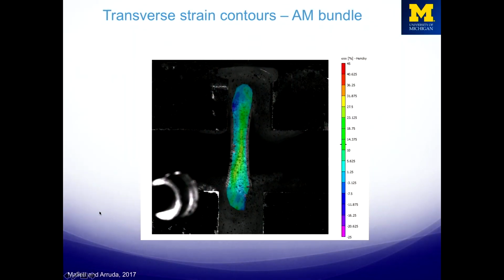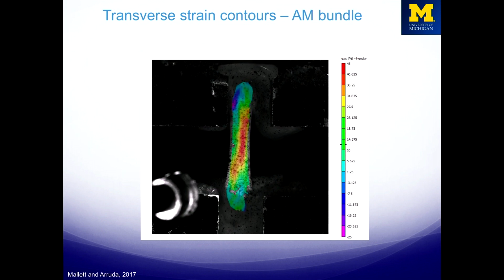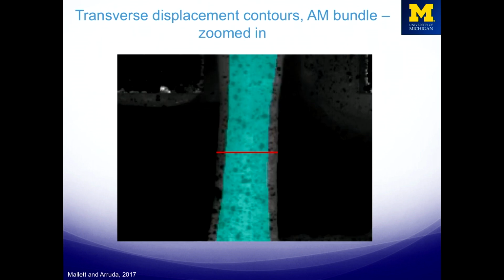And what's happening? When you pull on something this way, it should be doing this, and this is doing this, okay? And so Caitlin Mallet brought me this, and I said, okay, well, that's wrong. But it actually isn't.